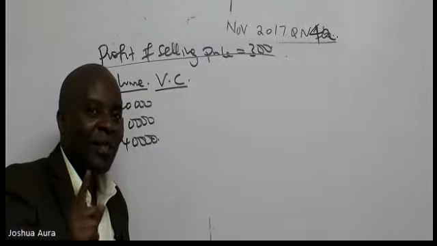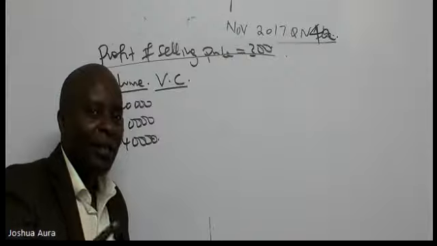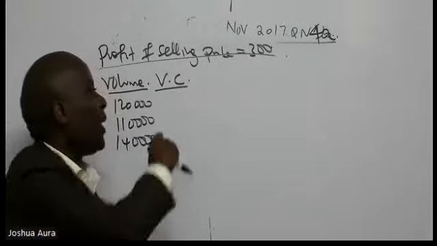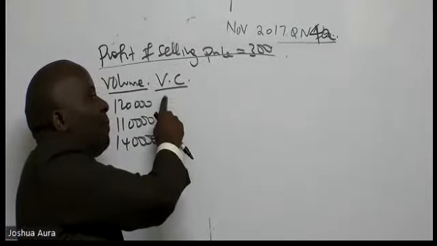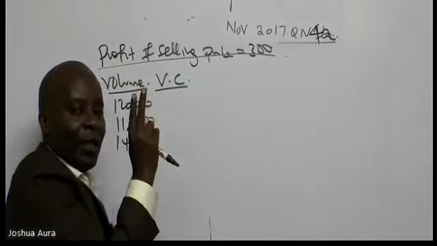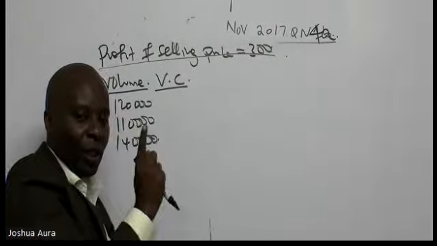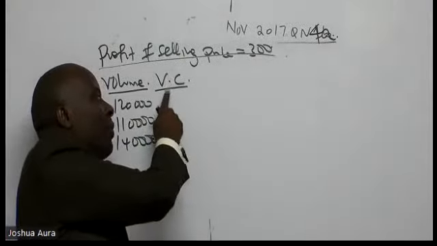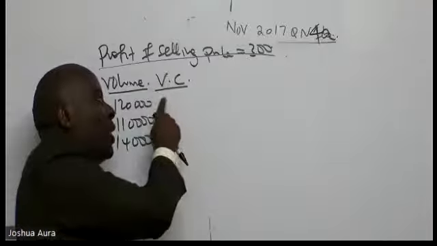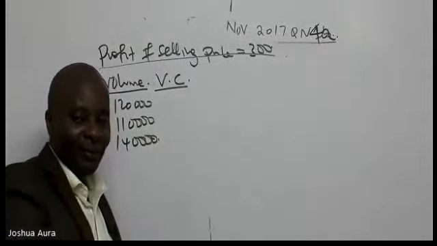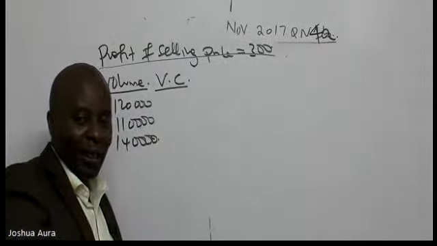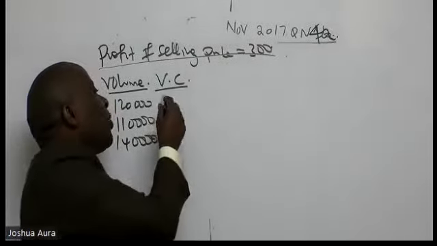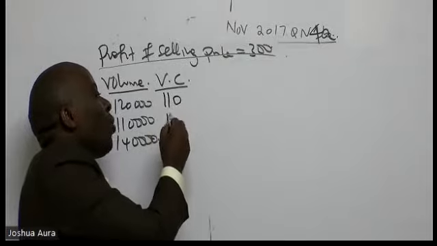So I would want to see whether I've got a bright student here who will be able to interpret and give me the variable cost for this one. Remember, there are 2 possibilities. The variable cost could either be 120 or 110. So which one should I use here? Should I use 120 or 110? Yeah, all of them are getting it, but throughout, we shall use 110.